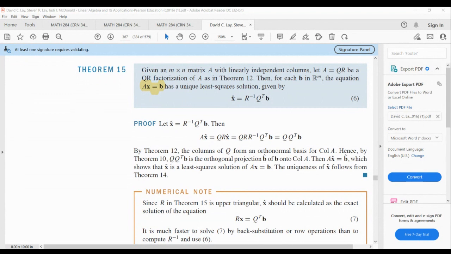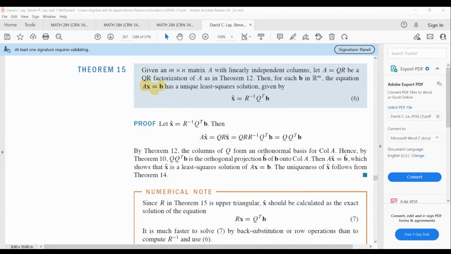of the matrix A. Now, in this theorem 15, they show you yet another way to find the least squares solutions X hat, and this has to do with the QR factorization that you learned back in section 6.4 when you studied the Gram-Schmidt process.